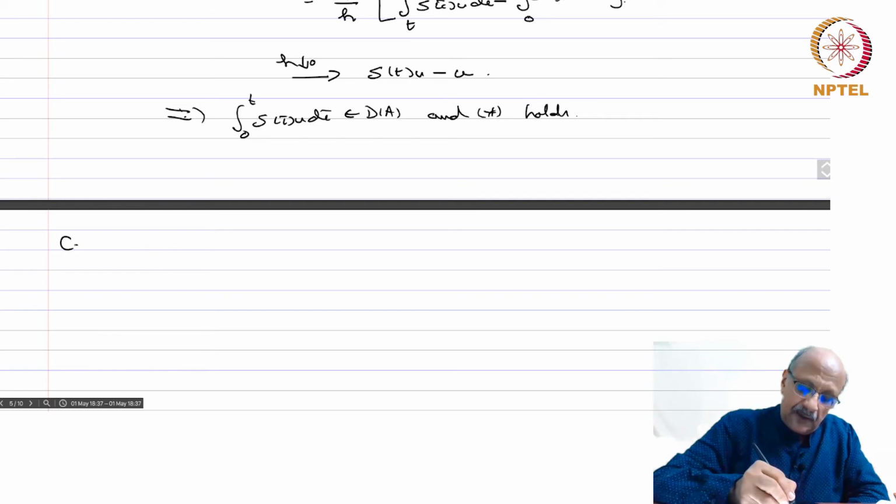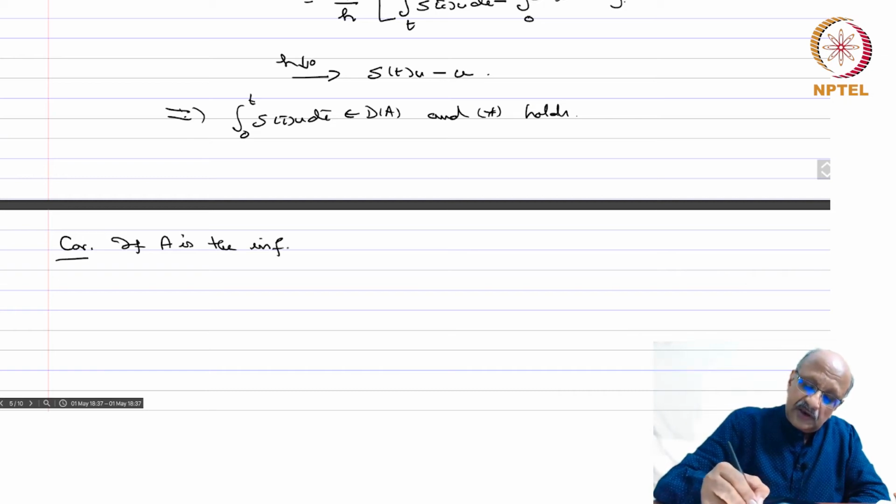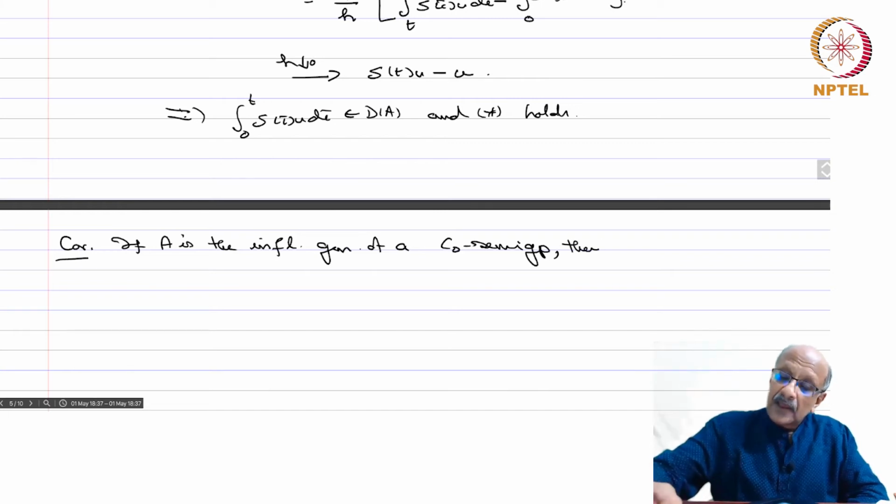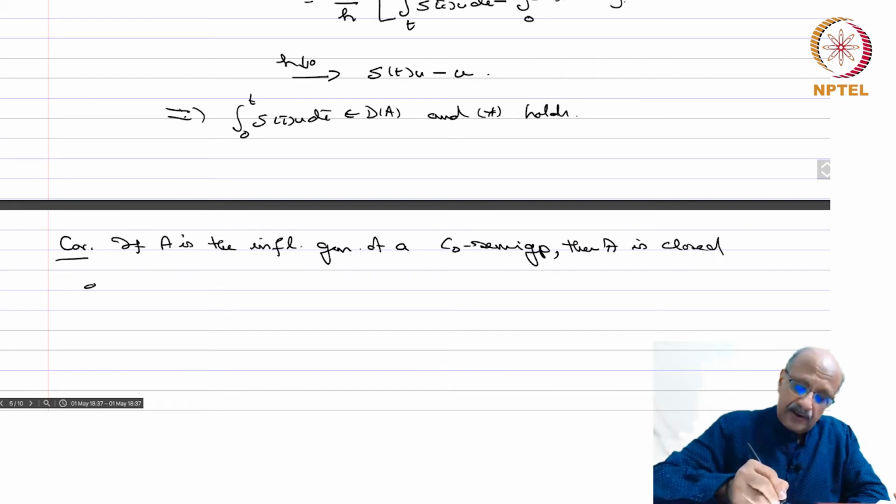So, corollary: if A is the infinitesimal generator of a C0 semigroup, then A is closed and densely defined.